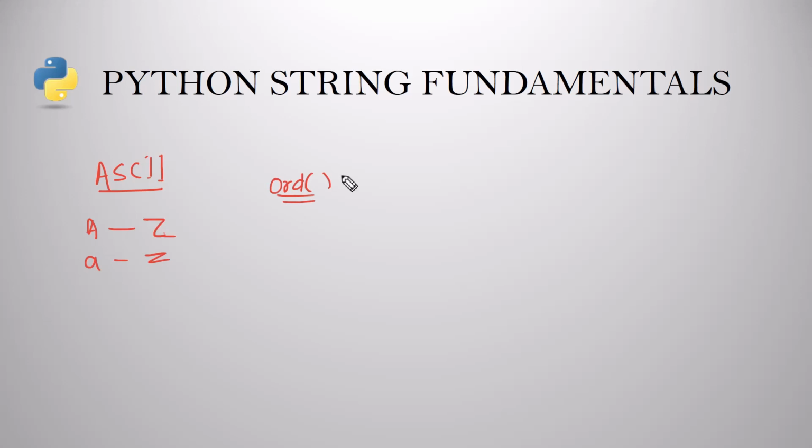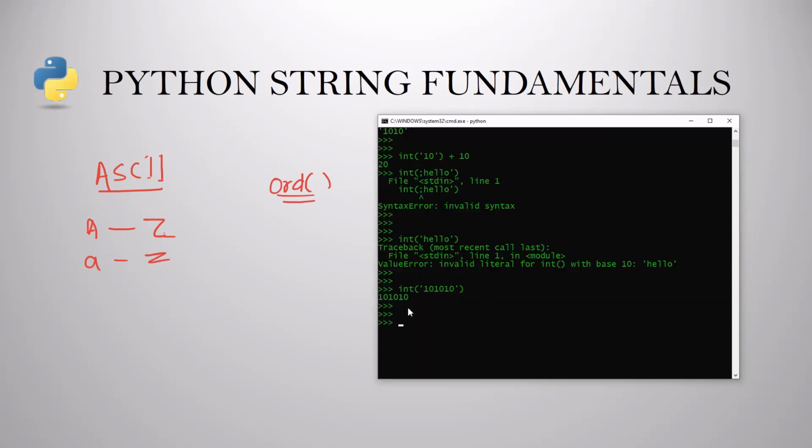So let's see this on the interpreter. If we give ord of A, we get 65. This returns the actual binary value used to represent the corresponding character in memory.